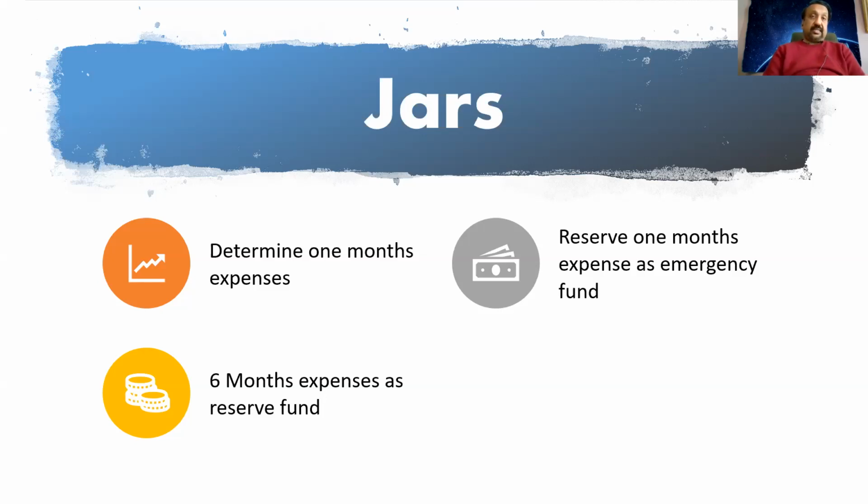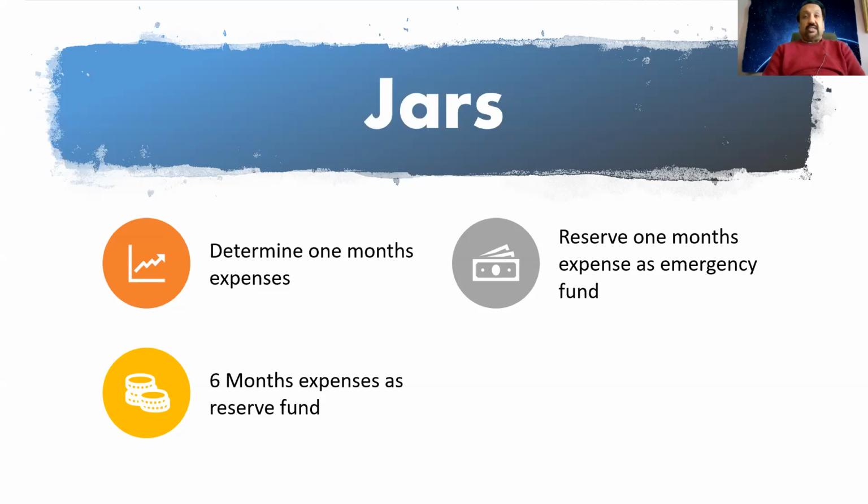That's the formula. If you are in a high demand job, you may get a job in 2 months, so you don't have to have 6 months of expense in the reserve fund. You can have just 2 months. If, on the other hand, you feel that your job is not easy to replace and it will take a longer period, then you will have to have longer than 6 months. But on average, you need to have 6 months of expense as a reserve fund. So step number one, determine 1 month's expense.